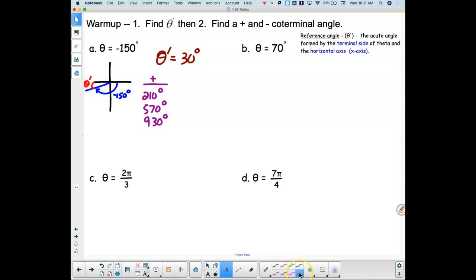Negative coterminal angles to go along with that one would be negative 510 degrees. Does that sound right? Yeah. Negative 510, negative 870 and negative 1230. Yes? Love it. Okay.